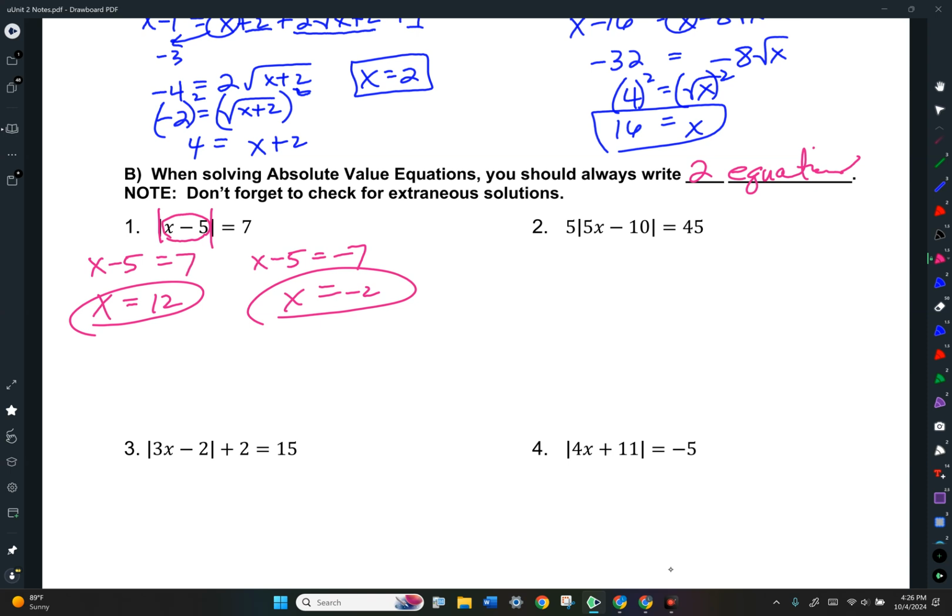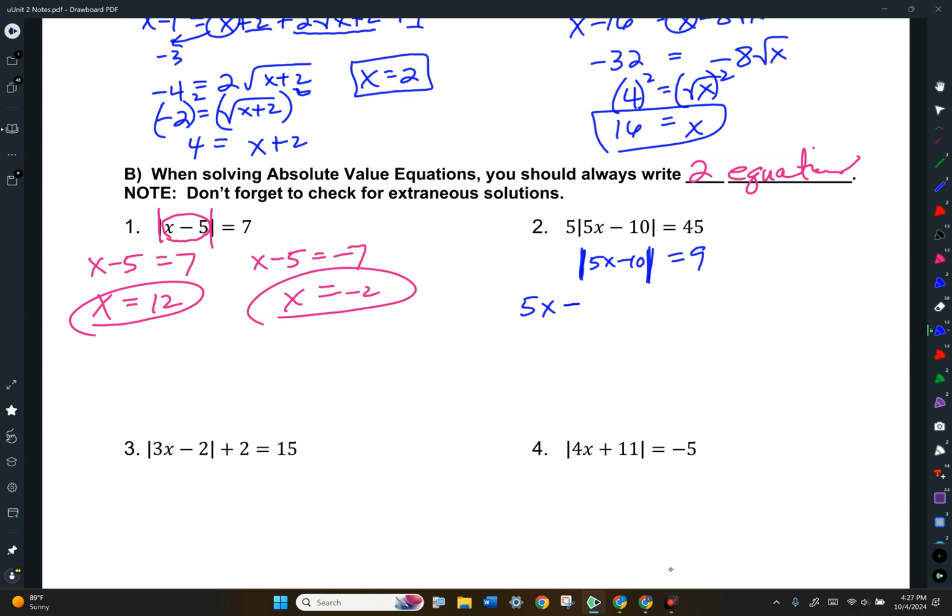Now, looking at number 2, you don't want to write your 2 equations until you get the absolute value by itself. So first, if I divide by 5, I'm going to leave this as an absolute value. If I divide by 5, I get 9. Now that this absolute value is by itself, I'm ready to write my 2 equations.